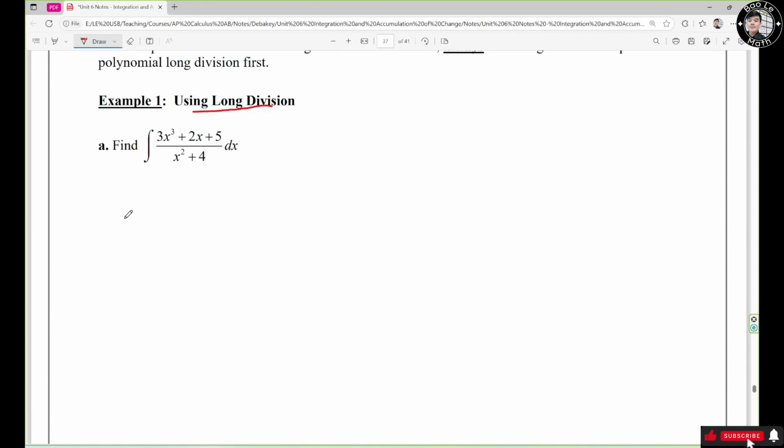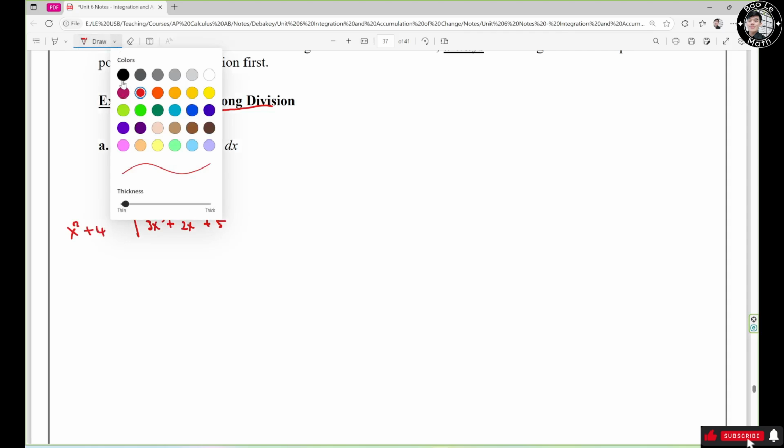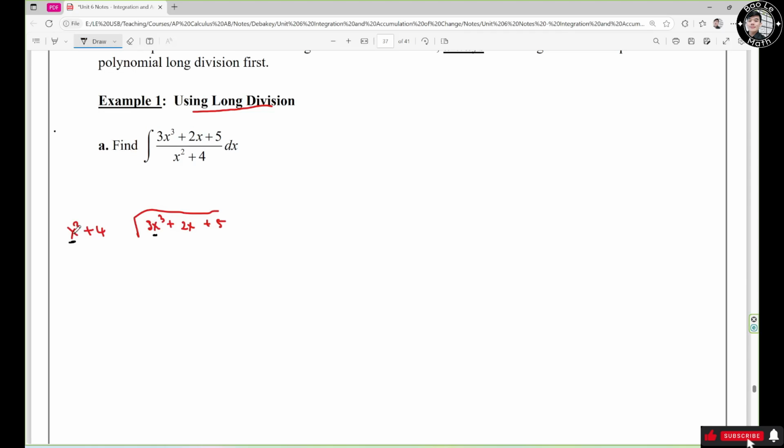Alright, so we need to do long division, right? So we have 3x cubed plus 2x plus 5 divided by x squared plus 4. Now 3x cubed divided by x squared, you get 3x.